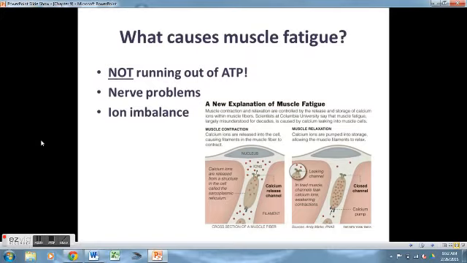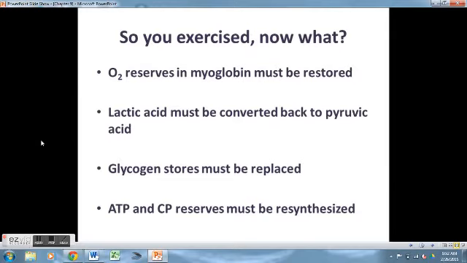So after you've exercised, just like when we talked about muscle contraction, we said there's always some cleanup work you have to do, right? You open the cabinet door, you better close it. So after we've exercised, our body goes through a couple of steps to return everything back to this pre-exercise condition.